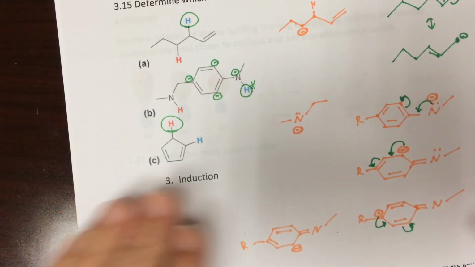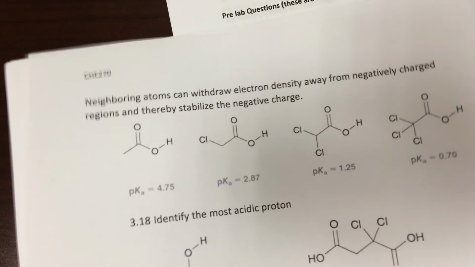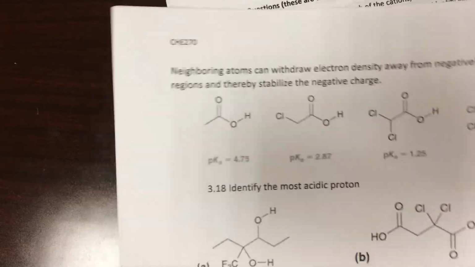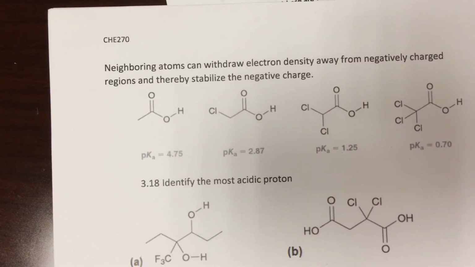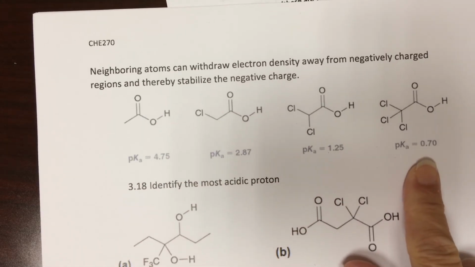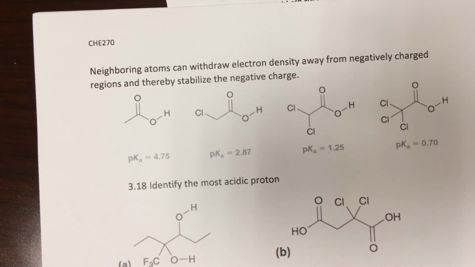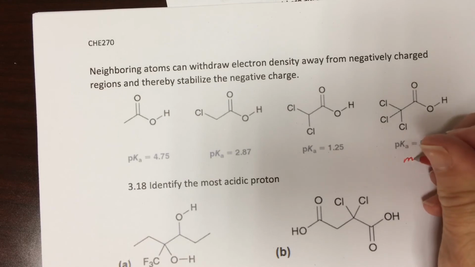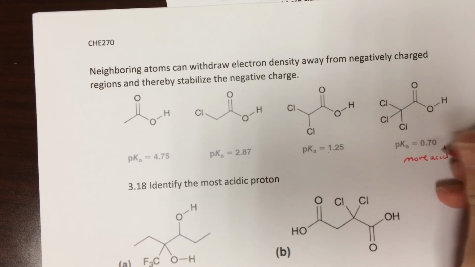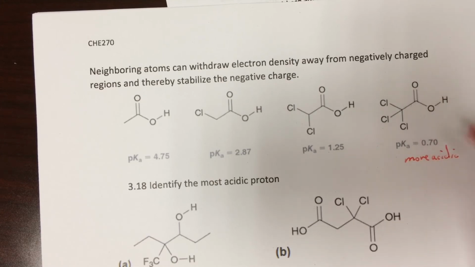Okay, the other 2 we can do more quickly. There's also induction. Induction is when we have neighboring atoms that withdraw electron density away. So if we look at these 4 compounds, we'll see that the pKa of this one is much lower. That means it's more acidic, because it's a lower pKa, and that's because the charge is being drawn this way.